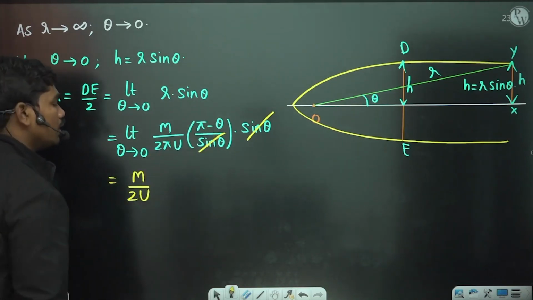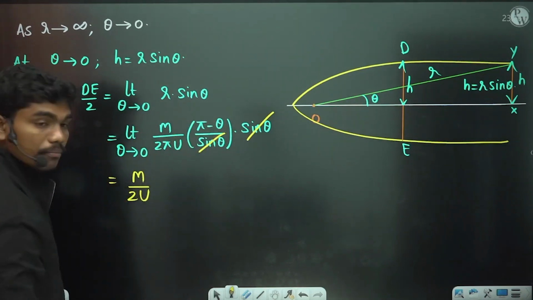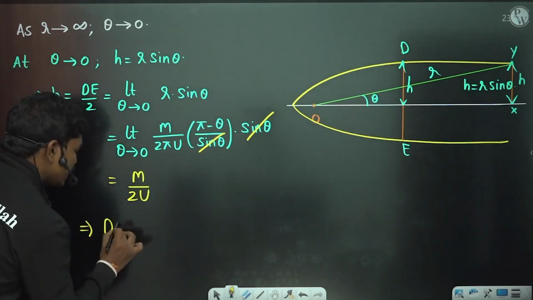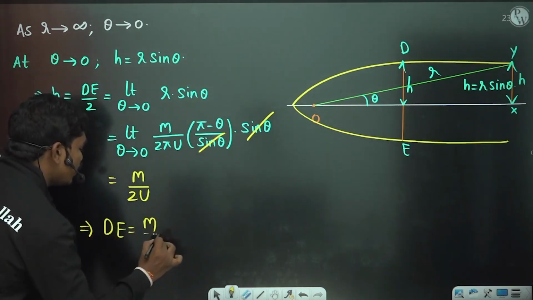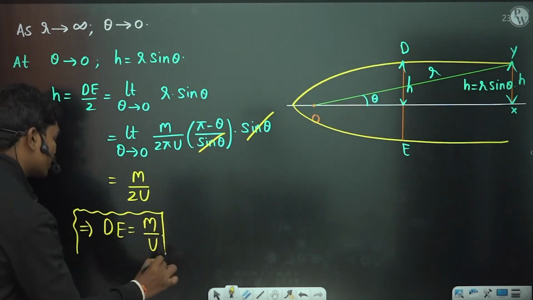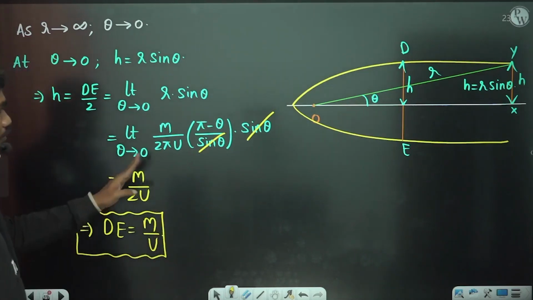Pi gets cancelled, because when you put theta equal to 0 this is pi, so you have m by 2u actually. So this implies dE is equal to m by u here. So dE is equal to 2 times of this value.